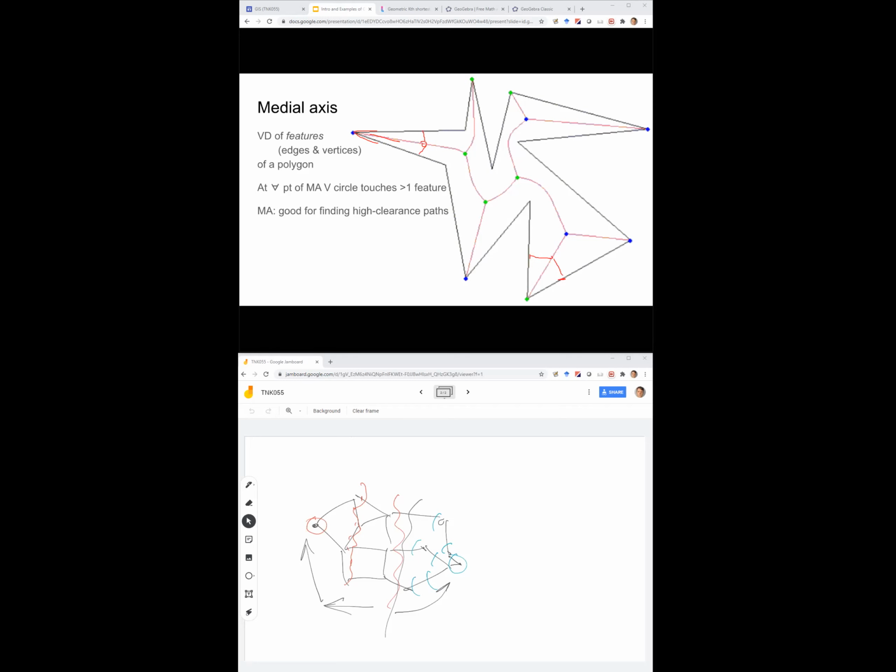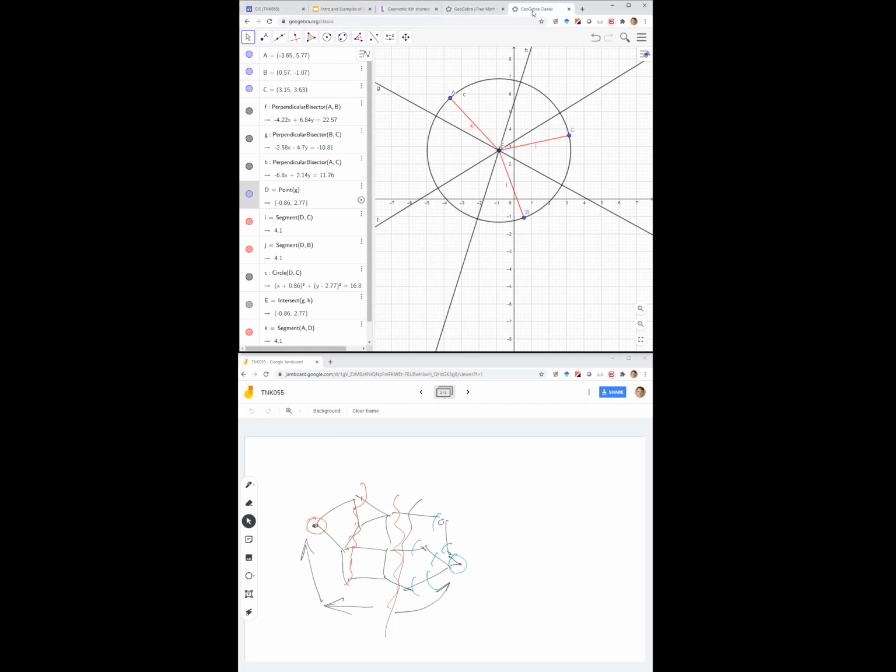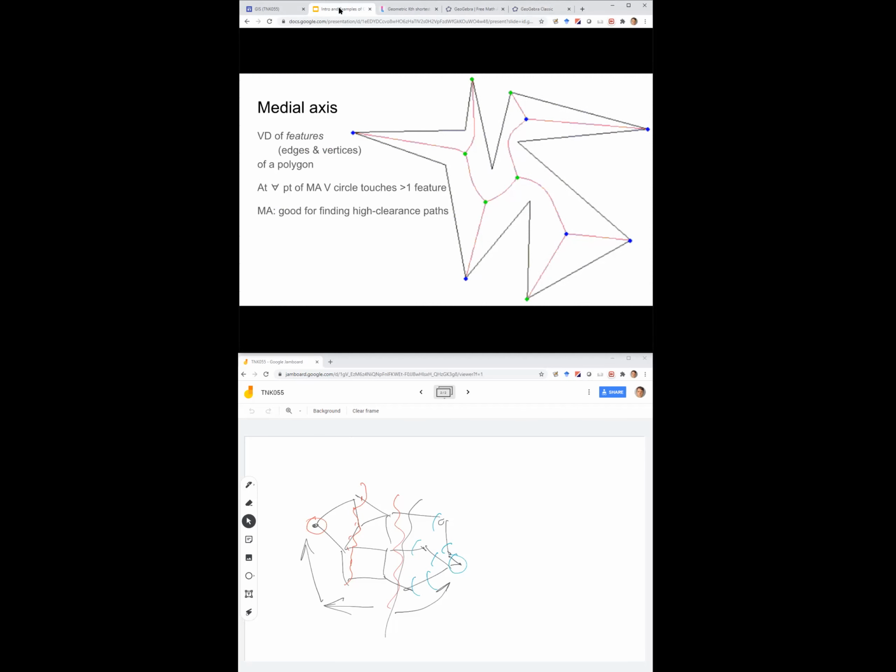So this is the same thing. Yeah, you can probably see the analogy. If you remember, here is this GeoGebra applet. We were talking about the bisector and any point on the bisector being equidistant from two sides. So the bisector is the edge of the Voronoi diagram. Any point on it is equidistant from two sides. So similarly here, any point on the medial axis is equidistant from two edges.